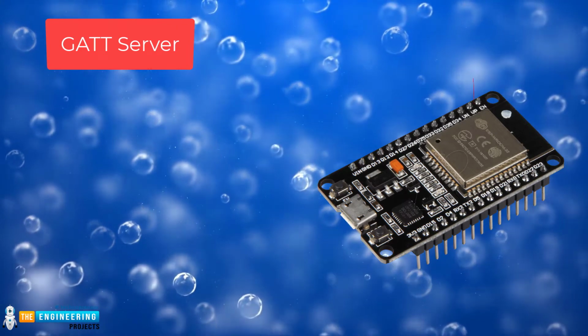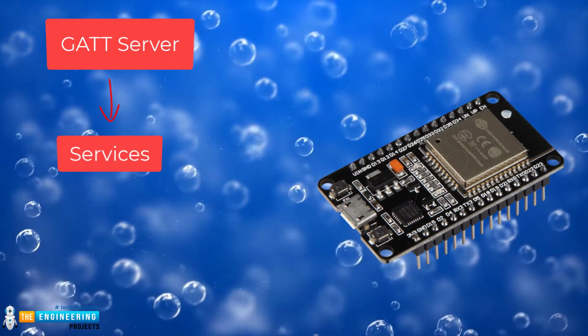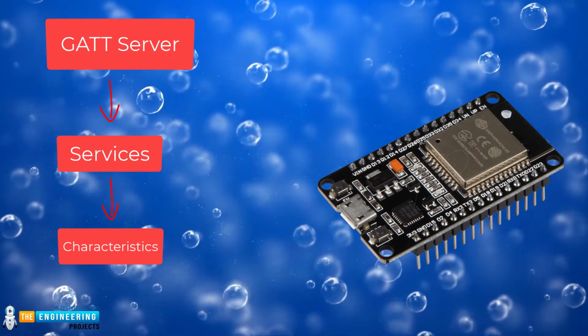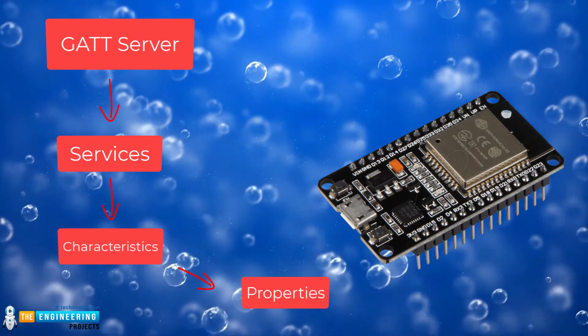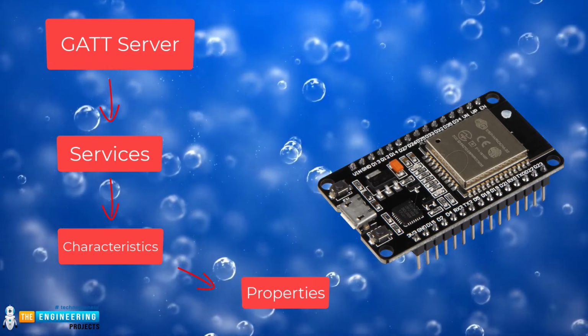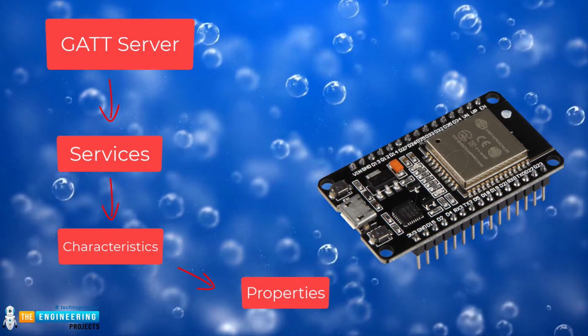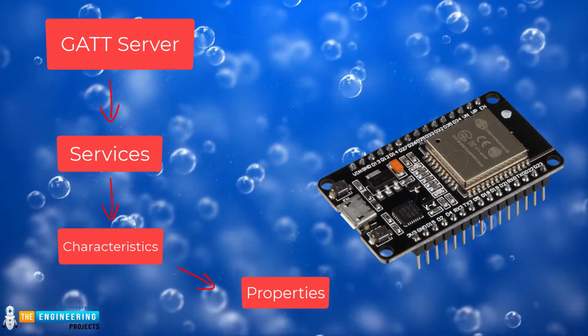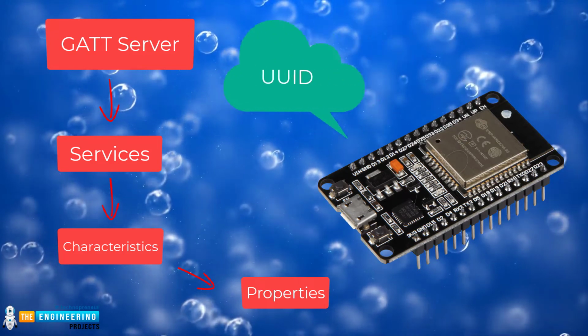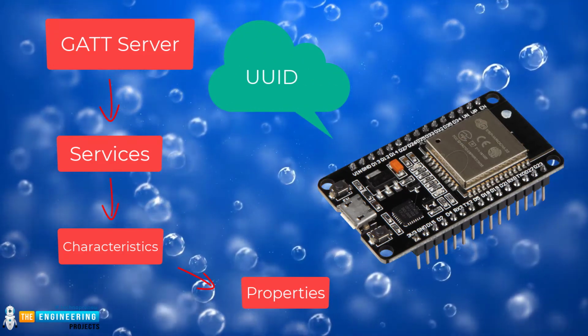GATT offers some services, and each service contains at least one characteristic, and each characteristic further contains some properties and descriptors. Each service, characteristic and descriptor is featured with a unique 16-byte identity number, which is known as UUID.